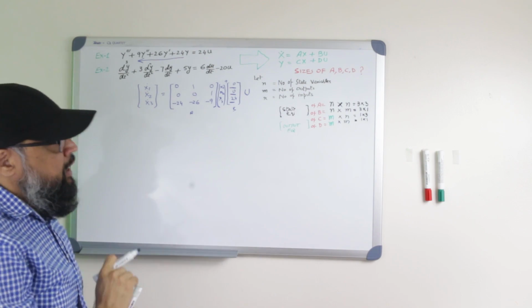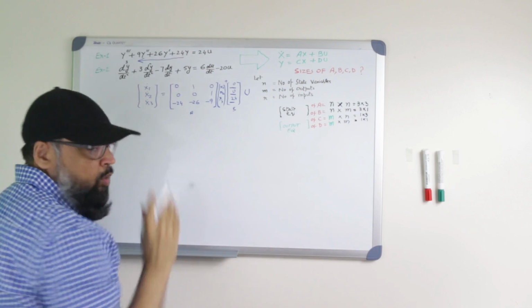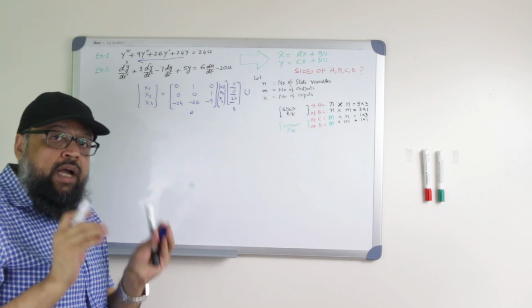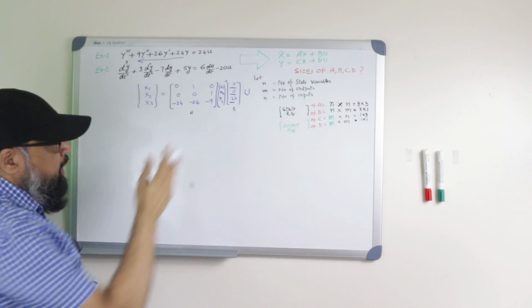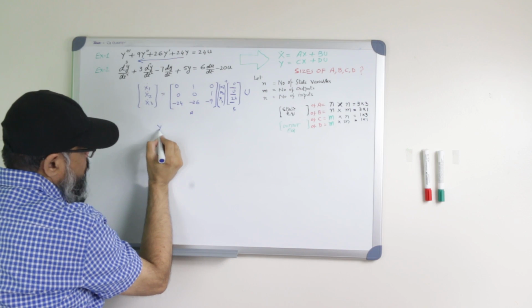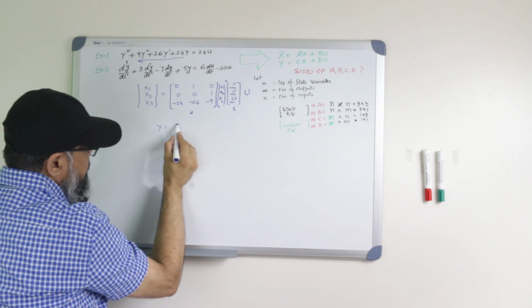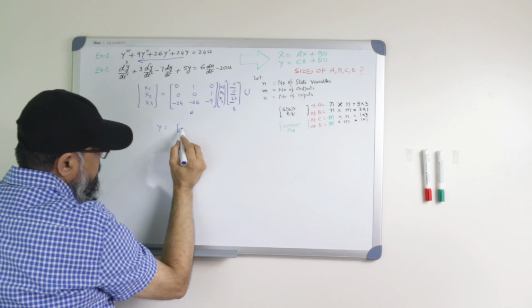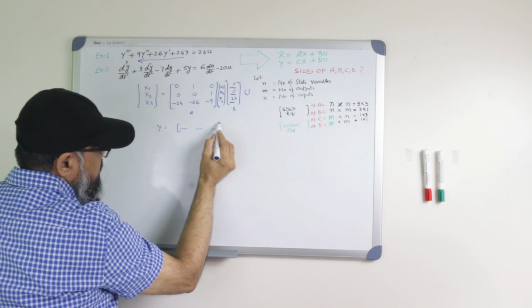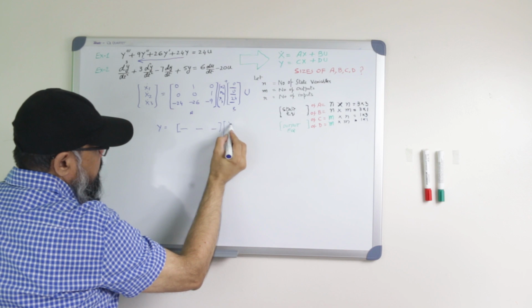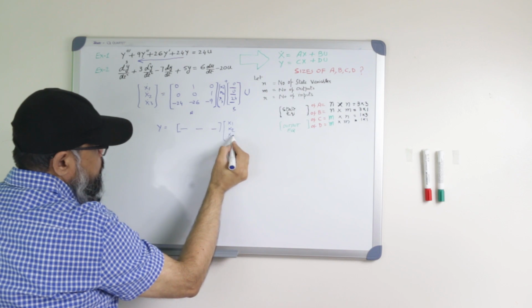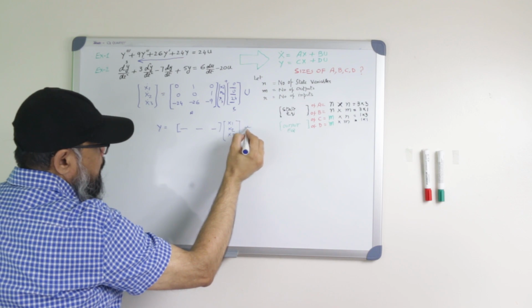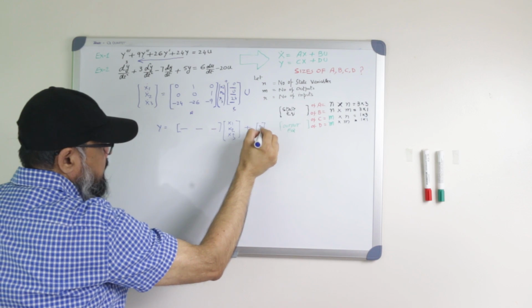Now we have to find C as well. That is the output equation, y equals Cx plus Du. D is 0, so I just write y equals C, which has 1 row and 3 columns, something like this, and then we have x1, x2, x3 plus 0, or you can write it like this if you want.